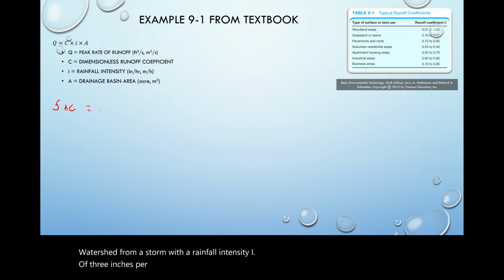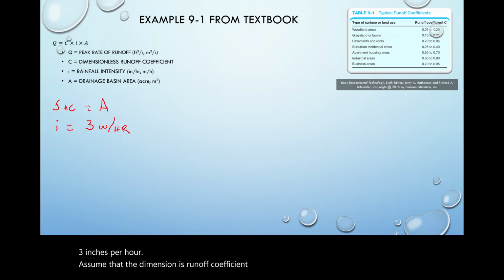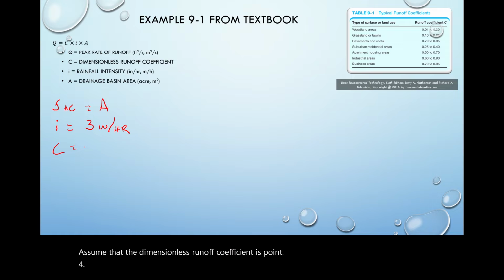So A equals 5 acres, I equals 3 inches per hour. Assume that the dimensionless runoff coefficient is 0.4, so C equals 0.4. Write down your givens.